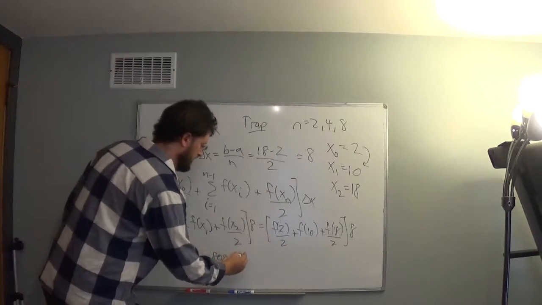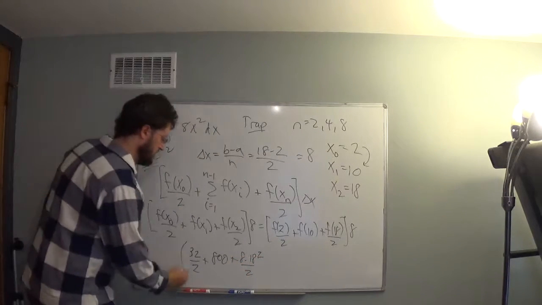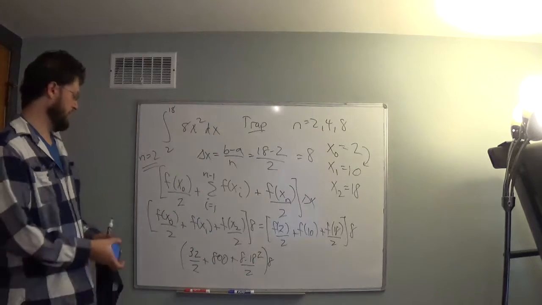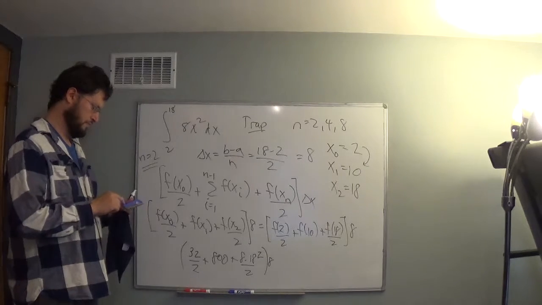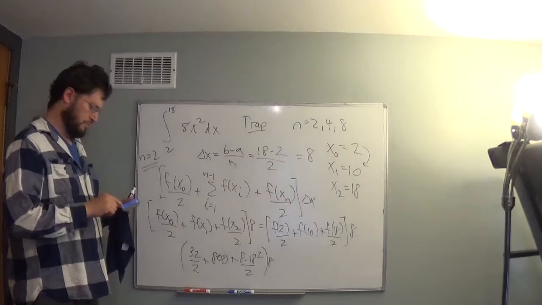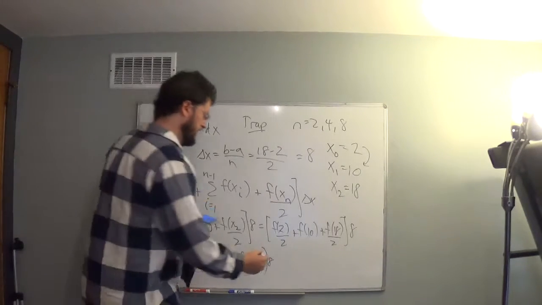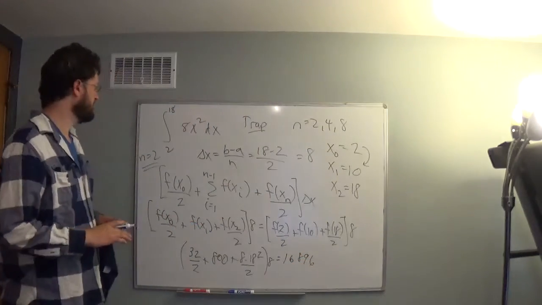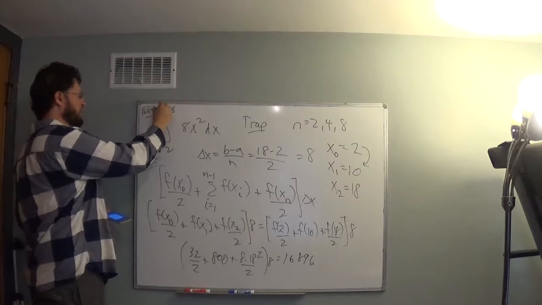And f at 18 is 8 times 18 squared all over 2. And then multiplied by 8. Let's just see what we get. 16,896. Let me save these up here. 16,896. So this was the n equal 2.